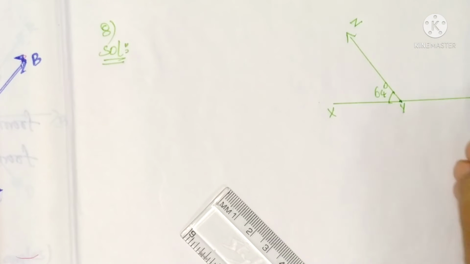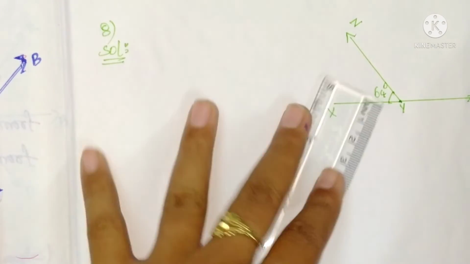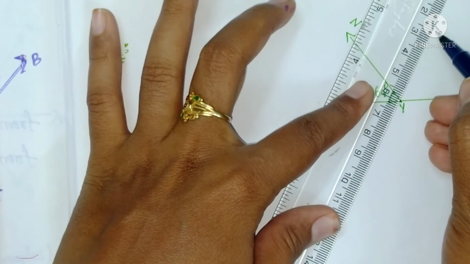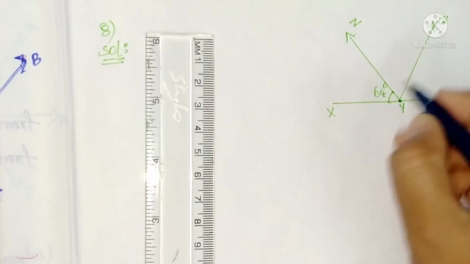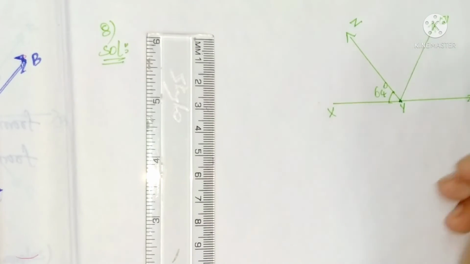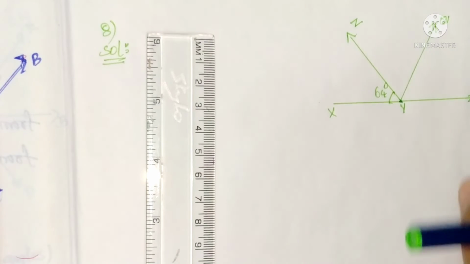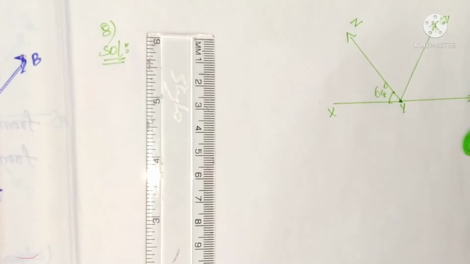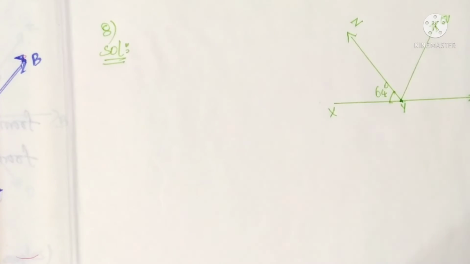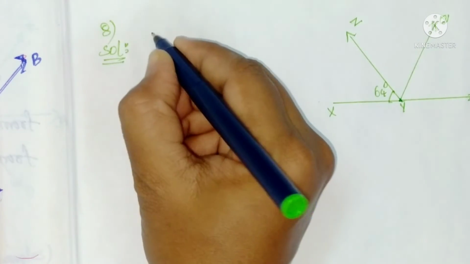This ZYP is there now, and ray YQ is bisecting it, so these two parts are equal. This is the given information. Now we want to find out angle XYQ and the reflex of angle QYP.